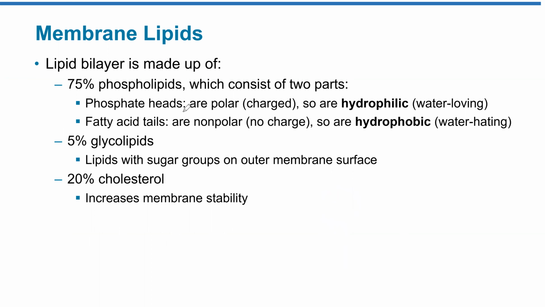Phosphate heads are polar, they are charged, so they are hydrophilic, water-loving. Fatty acid tails are nonpolar, no charge, and they are hydrophobic, water-hating. 5% of lipids are glycolipids, lipids with a sugar group on the outer membrane surface, and about 20% is cholesterol, which is also a type of lipid, that increases membrane stability.